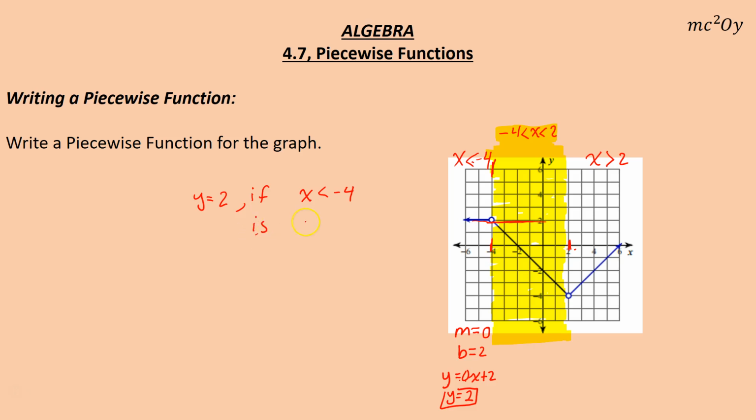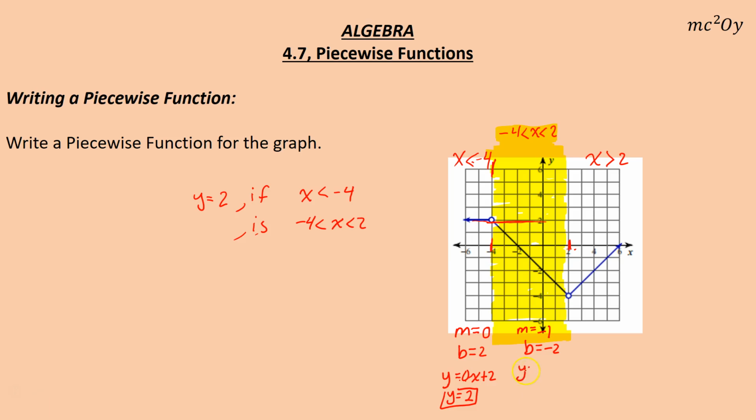So if x is between negative 4 and 2, our shaded area, then we're going to use the equation. Well, let's look at it. In the shaded area, it looks like our slope m is negative 1, and our y-intercept looks like it crosses at negative 2.